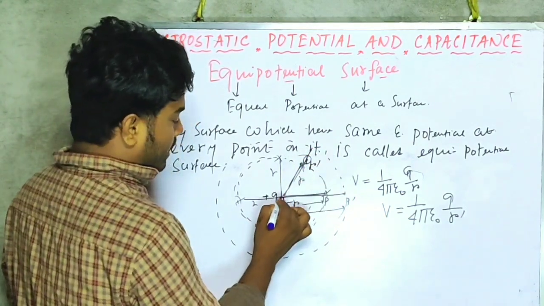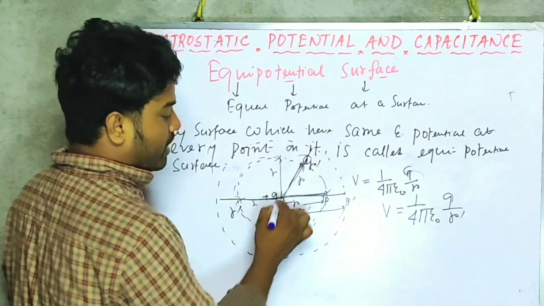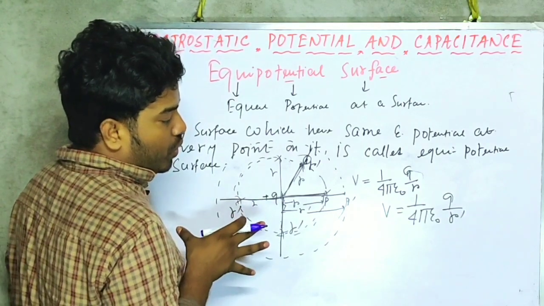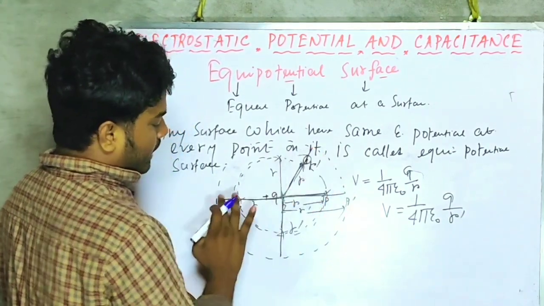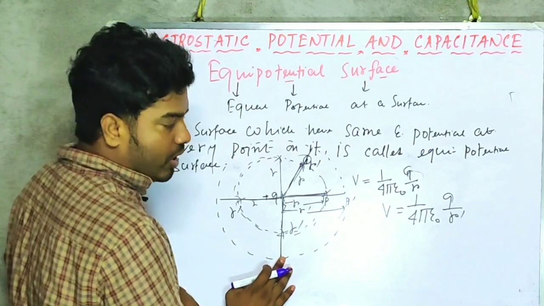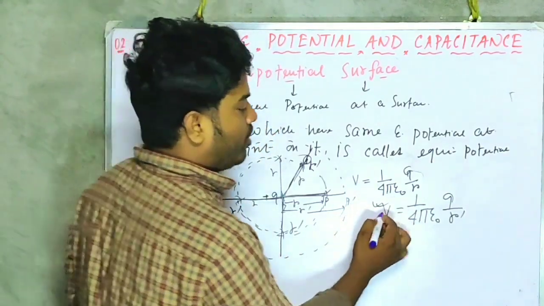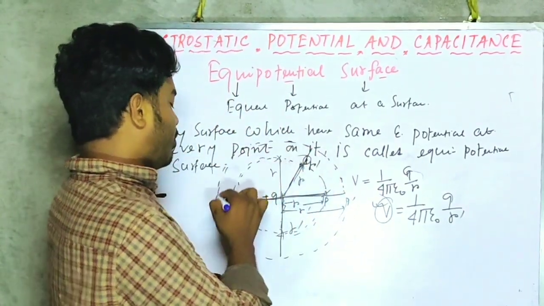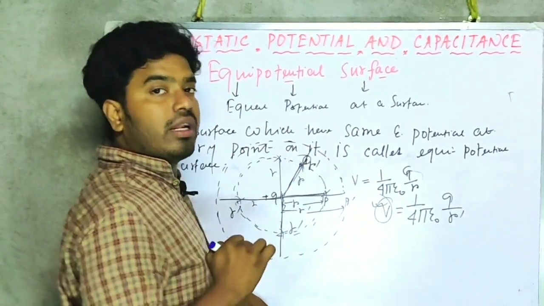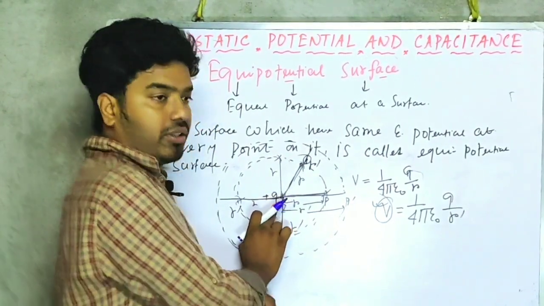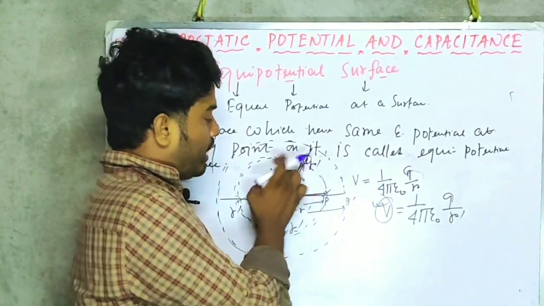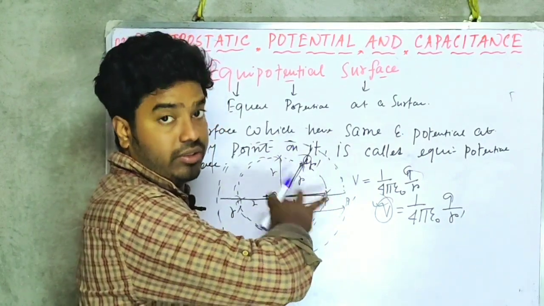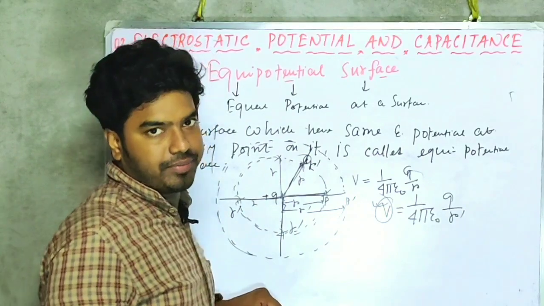So at those points the formula is the same, so the value of electric potential will be equal. So this sphere is also an equipotential surface for charge plus Q. So for a point charge, the concentric spheres are the equipotential surfaces.